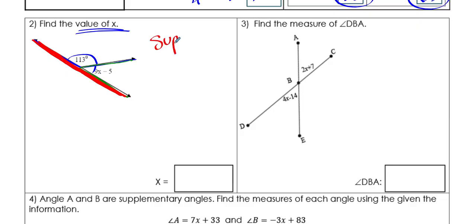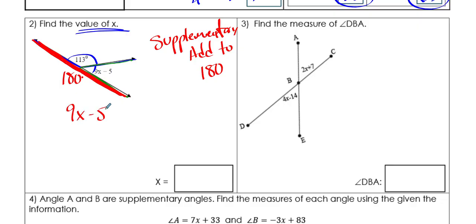These angles are supplementary, which means they add to 180 degrees. There's always 180 degrees in a straight line like this. So I'm going to set up that equation. This plus this, so 9x minus 5 plus 113 adds up to 180.